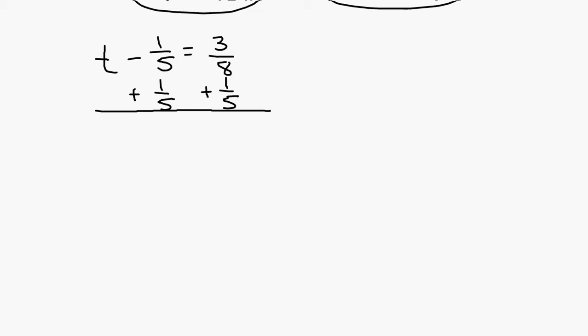The negative 1/5 and the positive 1/5 will cancel each other out. t is going to be equal to... Did you get 23 over 40? Yeah. Very well done.